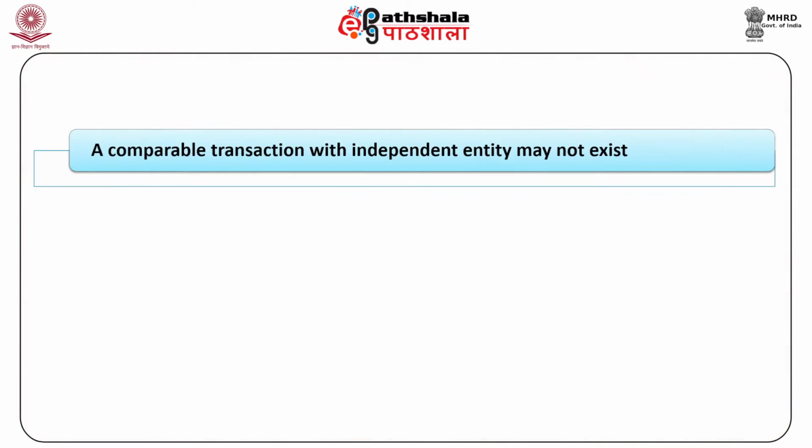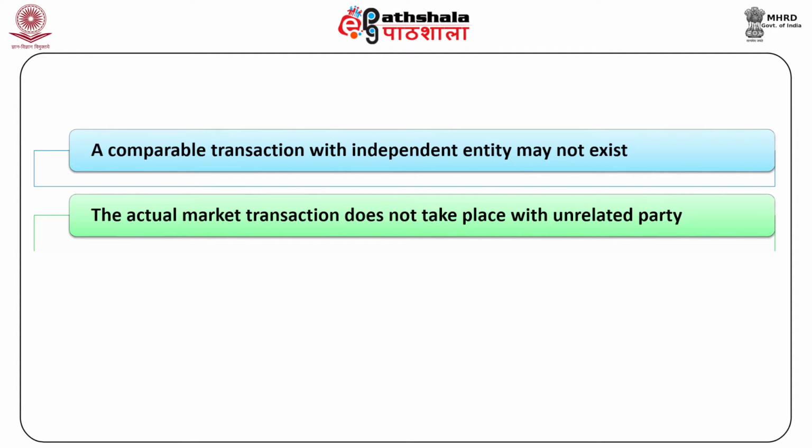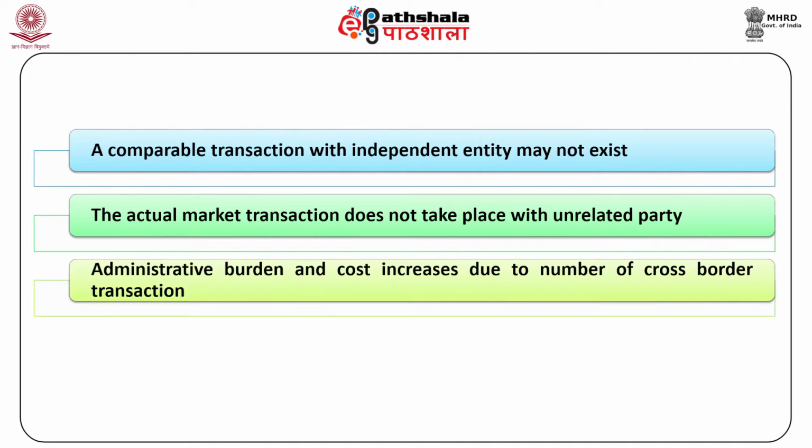First, a comparable transaction with an independent entity may not exist. The commercial and financial conditions governing transactions between related parties and unrelated parties tend to be different. The second, the actual market transaction does not take place with unrelated parties, so the analysis of such a transaction will help in calculating only the price range and not the exact price.